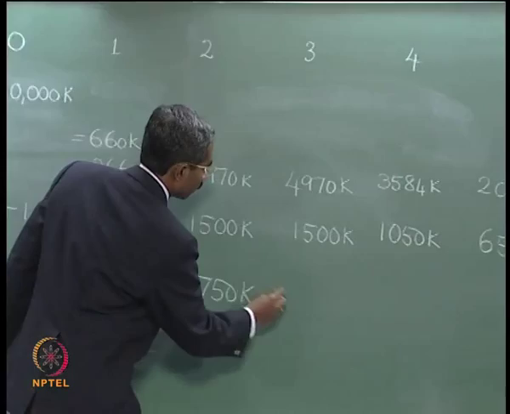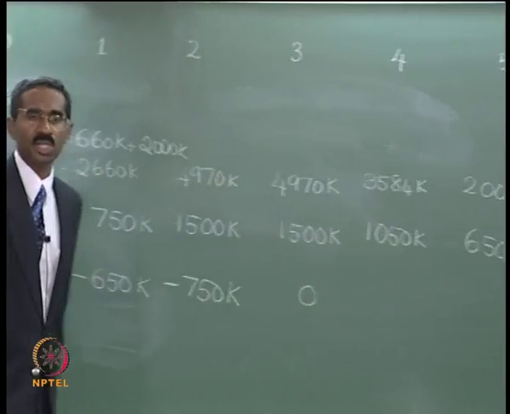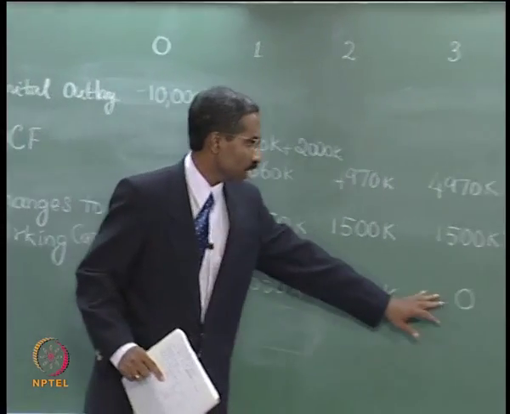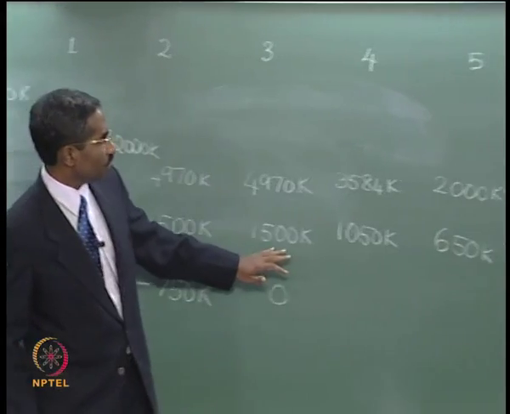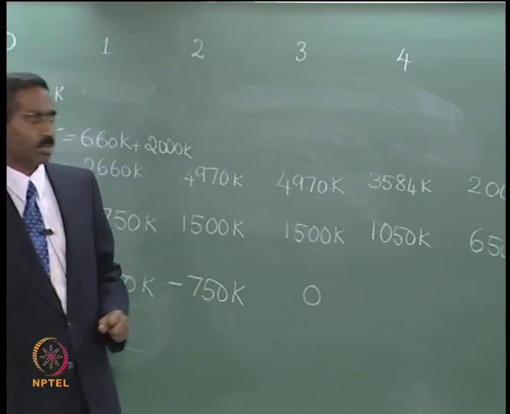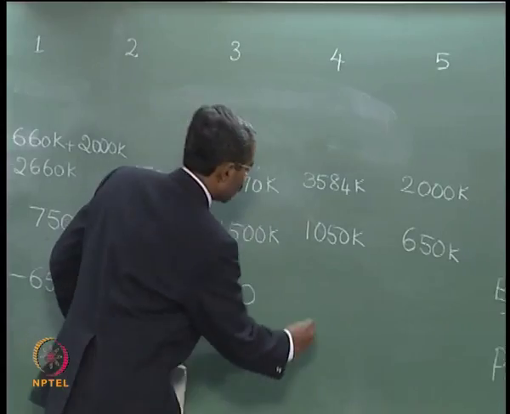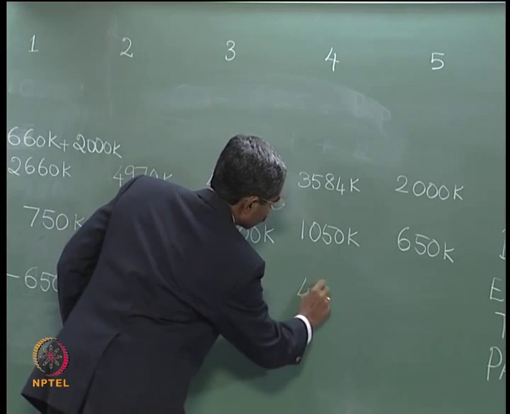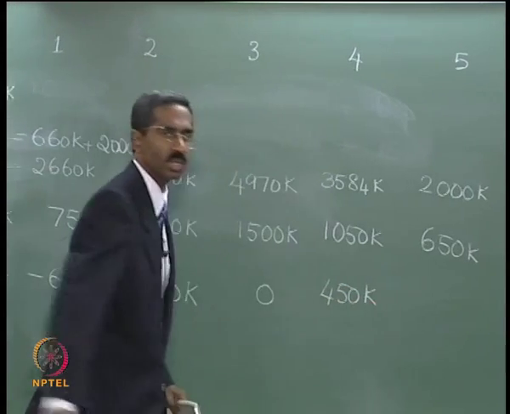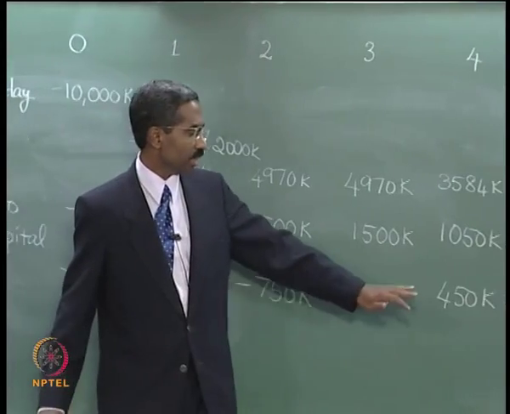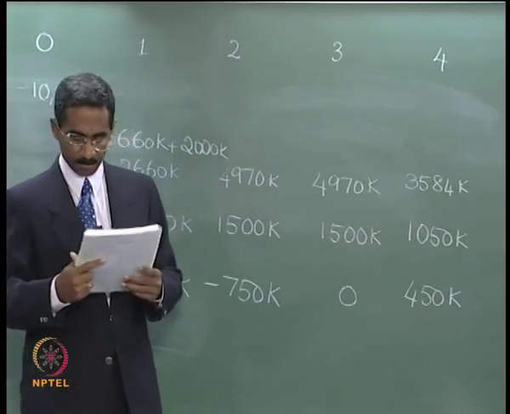There is no change from year 2 to 3, so there is no change in working capital, so it is 0, and from year 3 to 4 there is actually a reduction in working capital, that is considered equivalent to that of a cash inflow, right. There is a reduction by 450,000, so since this reduction is treated as a cash inflow, it is positive.